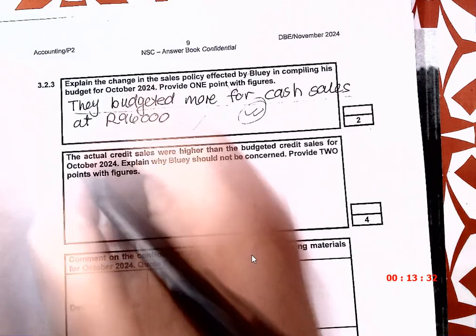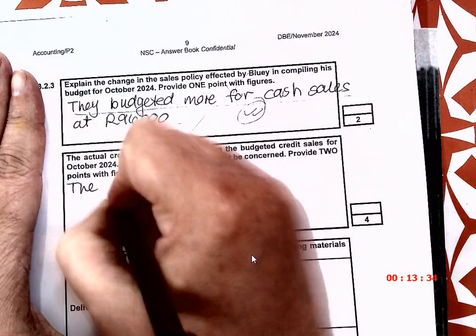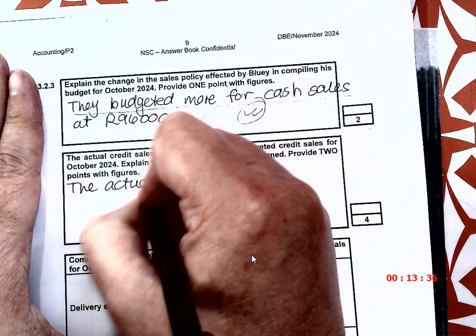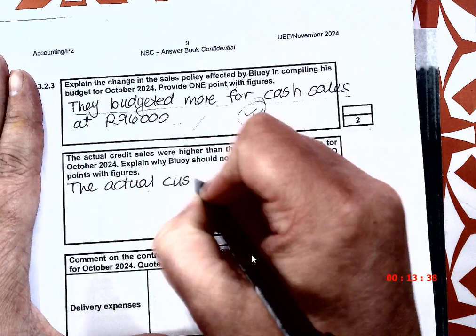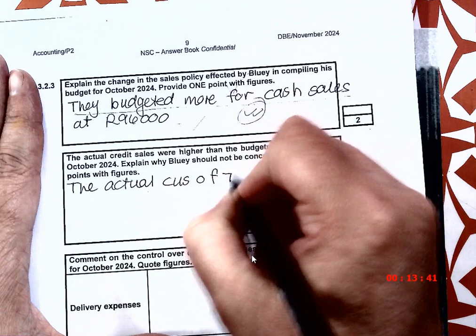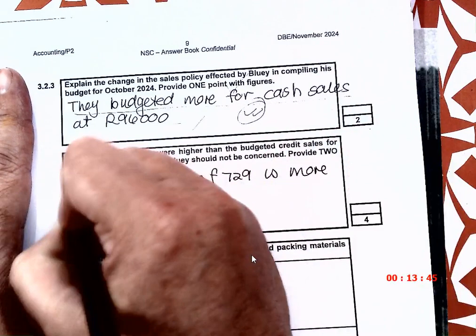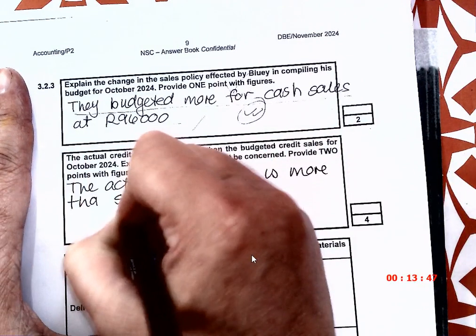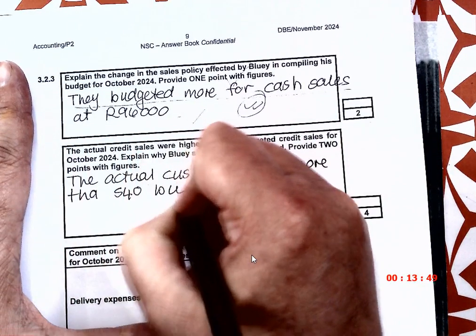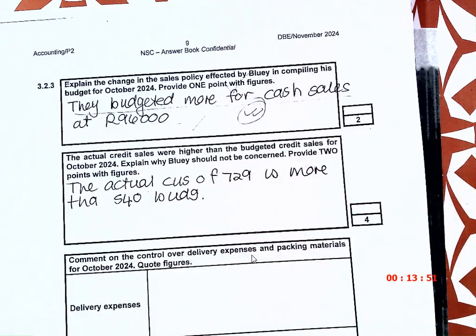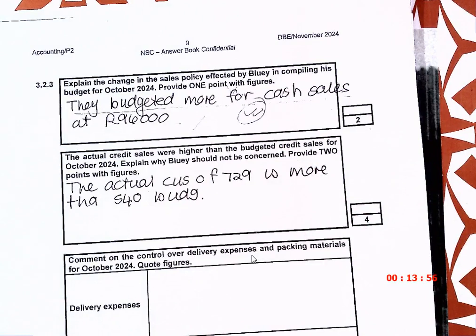So you will say the actual customers of 729 is more than 540 budgeted. Can you see? This is how you write your words. Don't say it increased.